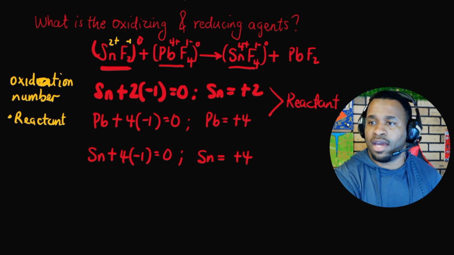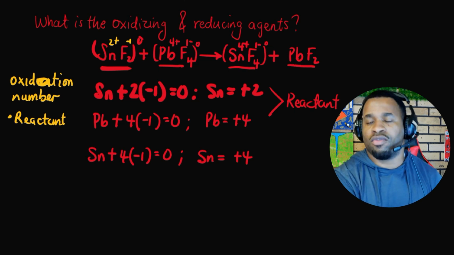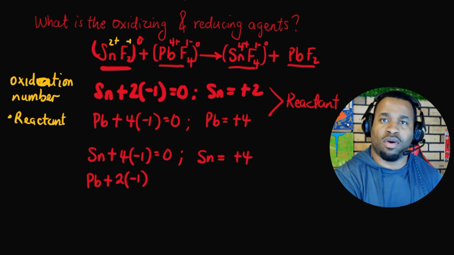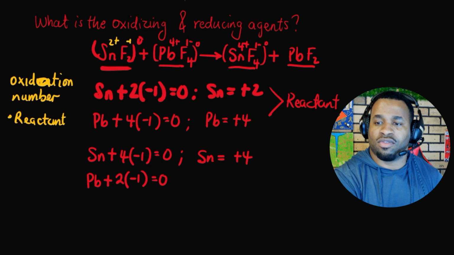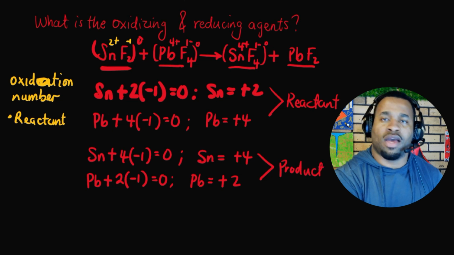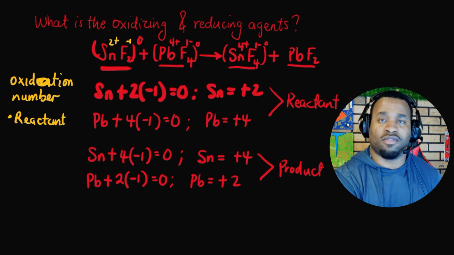On the other hand, for lead 2 fluoride, we add 2 fluorides at -1 each, and the sum must be 0. Therefore, our lead's charge is +2. These are our product charges for the elements that are not fluoride.